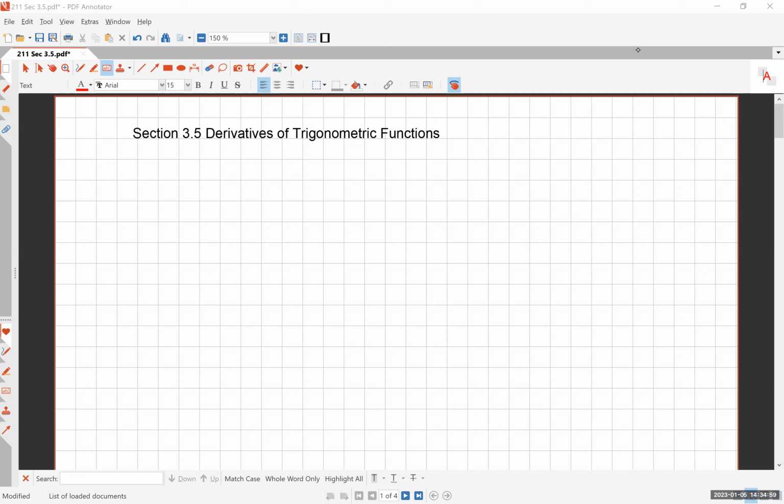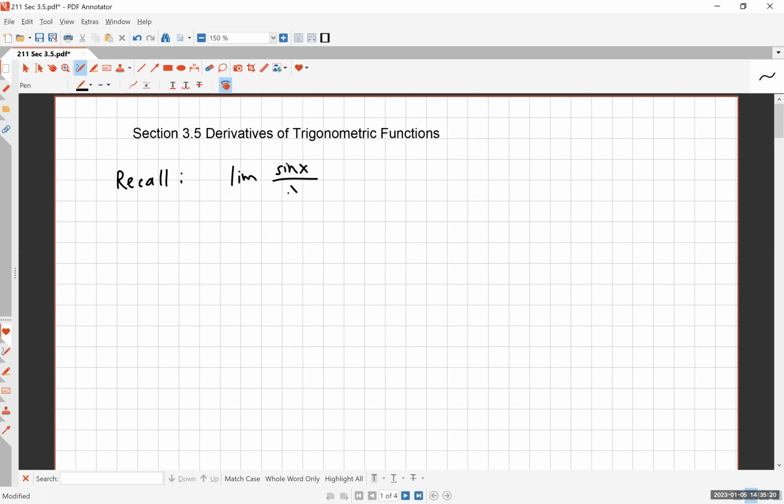So we'll go right into differentiating things like sine and cosine. Ready for it? Now remember I said back in chapter 2 that there are 2 important limits that we will need to know.